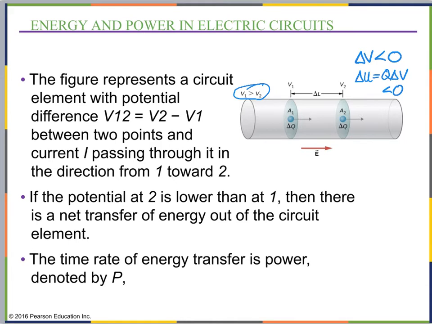Now, finally, the next thing that we're going to look at is what about power? So power, if you remember, is the rate of energy transfer, or sometimes we think of it as the work per unit time, or the change in energy per unit time. And we're going to use that to try to figure out expressions for power in a circuit.